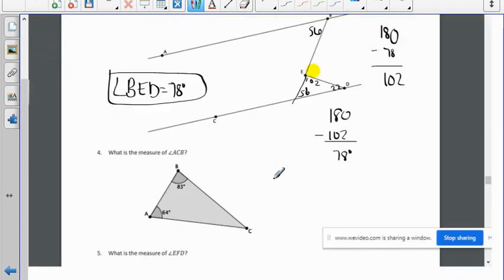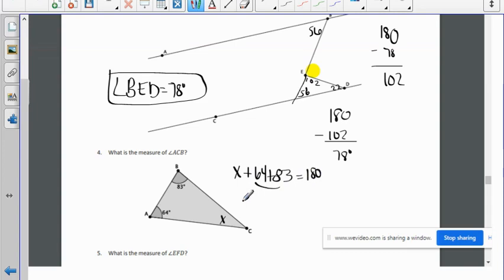The rest of these are like what we've already done. You have a missing angle in your triangle and they want you to figure out what it is. So all you have to do is take them all. I put an X in there because that just means it's missing. Add them all up, and set it equal to 180.